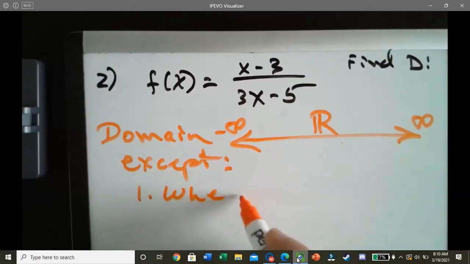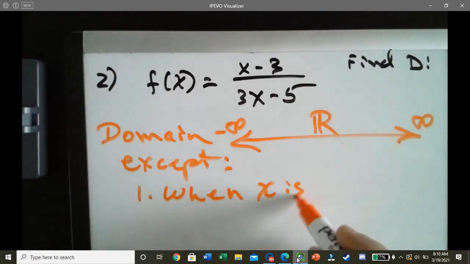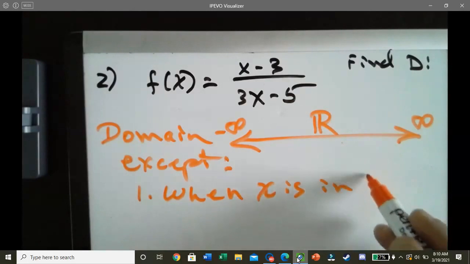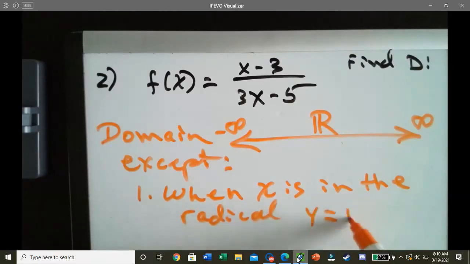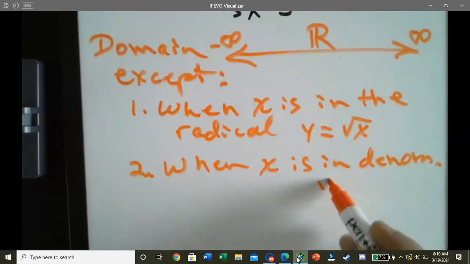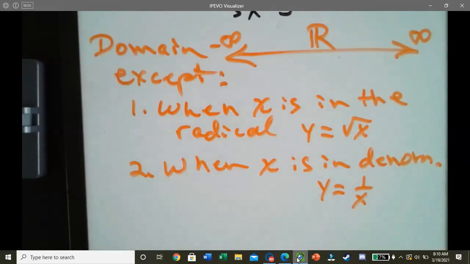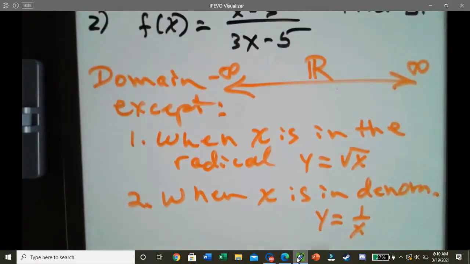Except when x is in the radical. And the other one is when x is in the denominator. I'll just abbreviate denominator. So that would be like y equals 1 over x. If x is not in either one of those cases, then the domain is all real numbers.